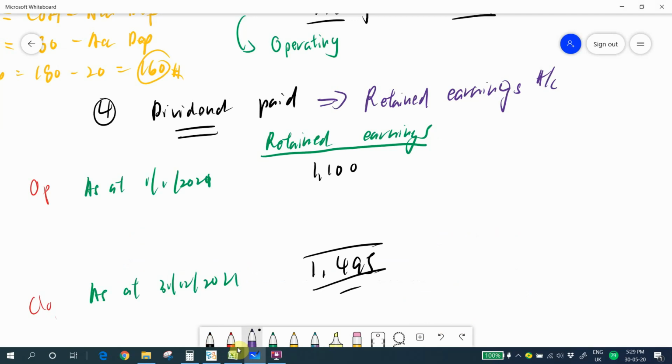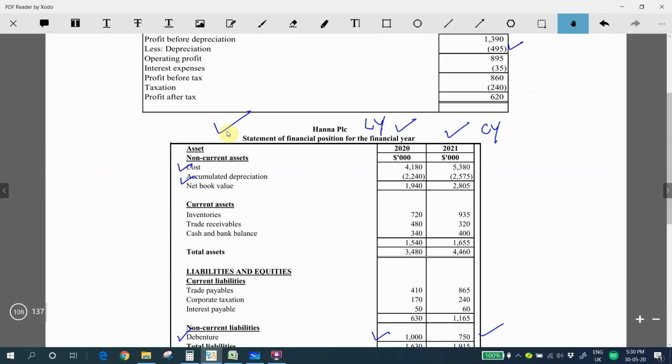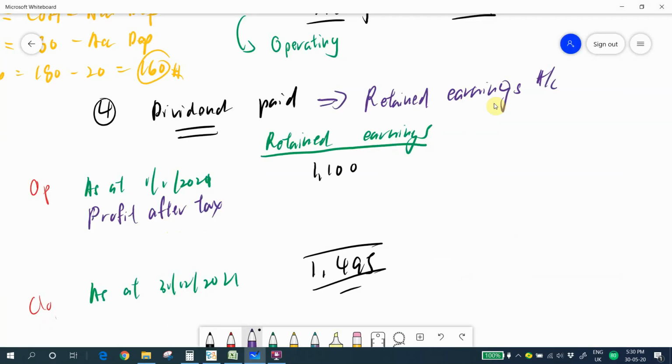We know that we have to record the profit after tax during the year. Our profit after tax in this question is 620. So what is the missing information here?